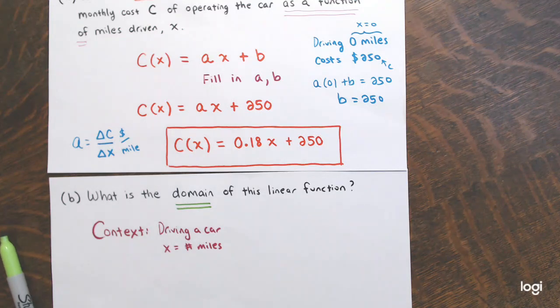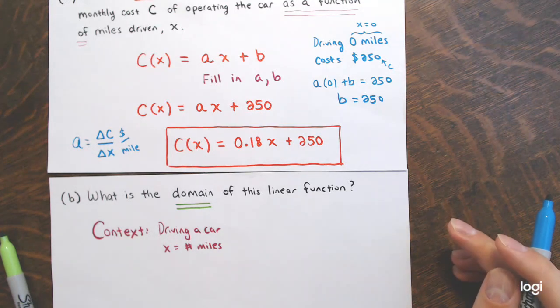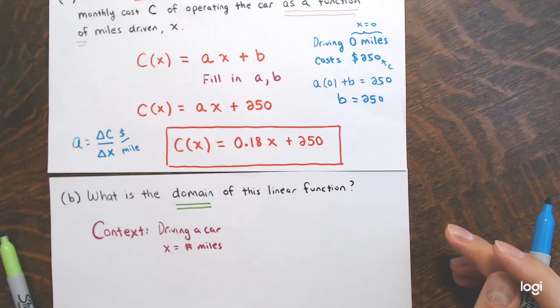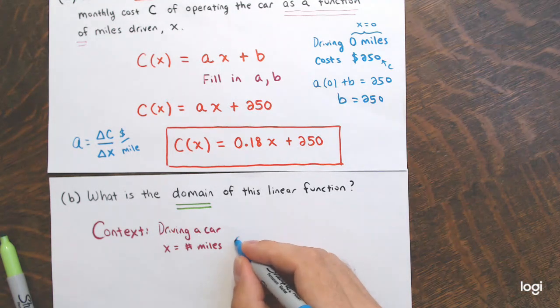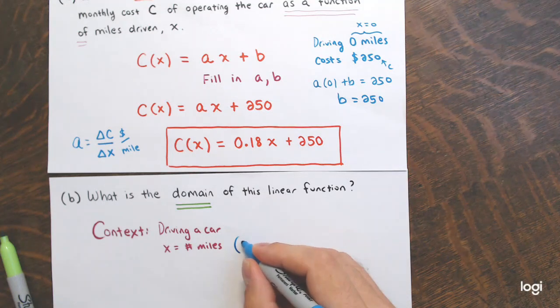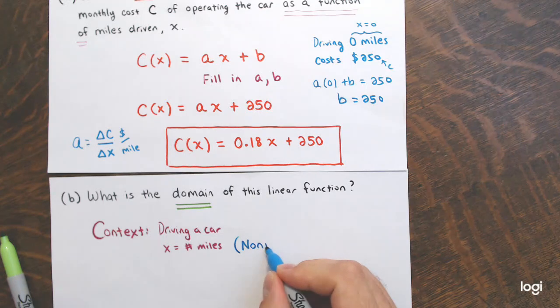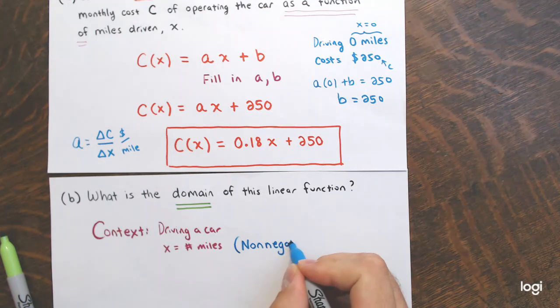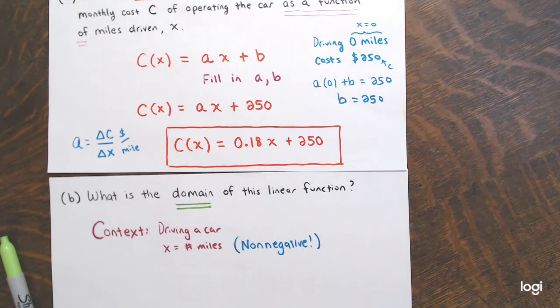No, right? What does it mean to drive negative miles? Even when you drive backwards, you're still going a positive distance. Distance is non-negative. So this number of miles can't be negative. I can't plug in negative numbers here. It makes no sense.